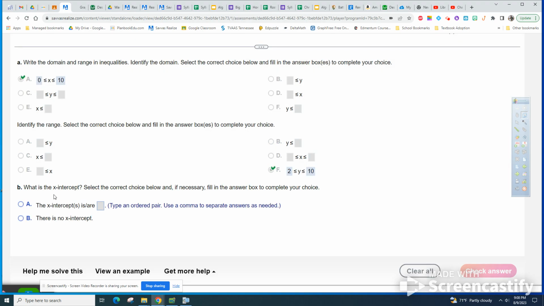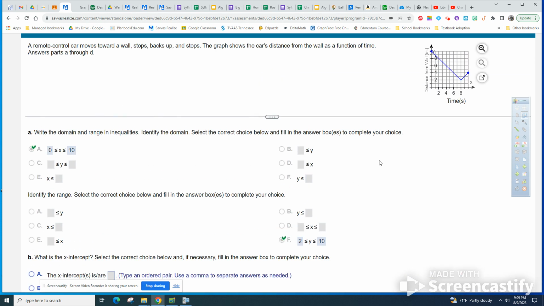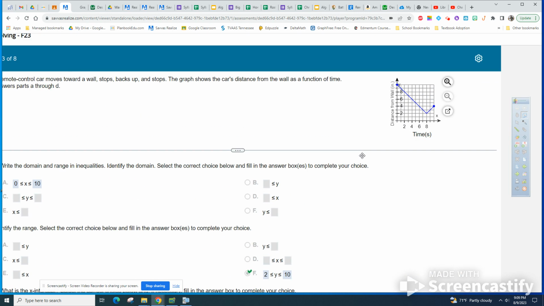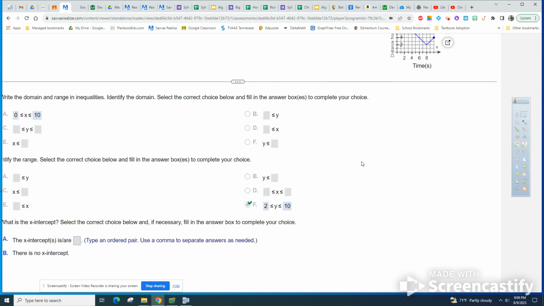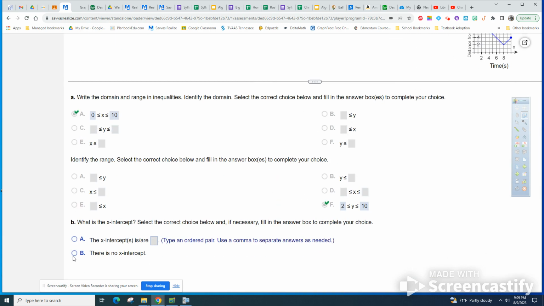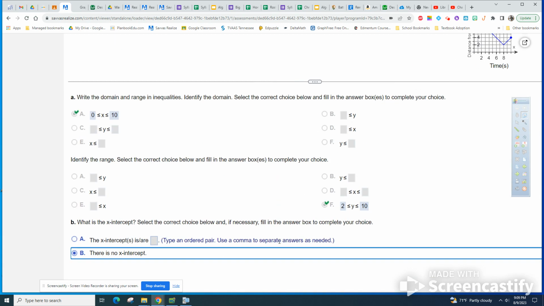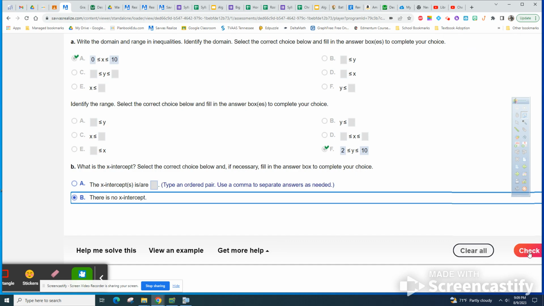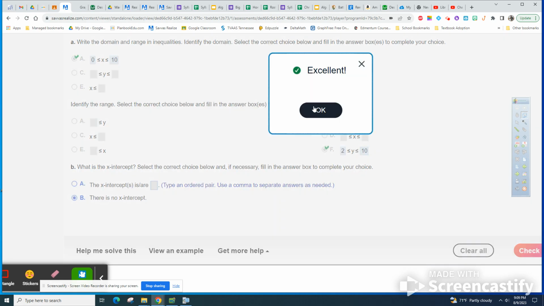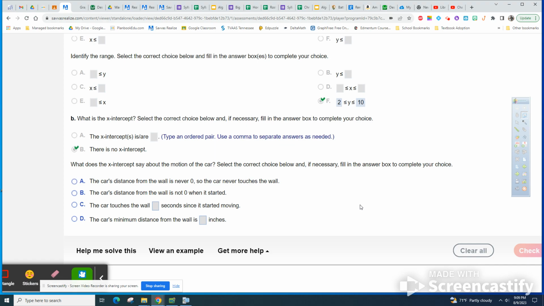Okay. The x-intercept, select the correct choice below. Okay, now, I got a sneaking suspicion that they're wrong about their answer. So in this case, there is no x-intercept, but there is no x-intercept about how they want you to write it. It does not cross the x-axis at all.